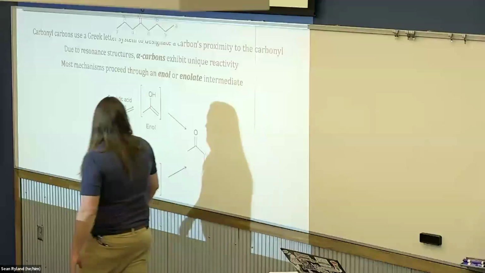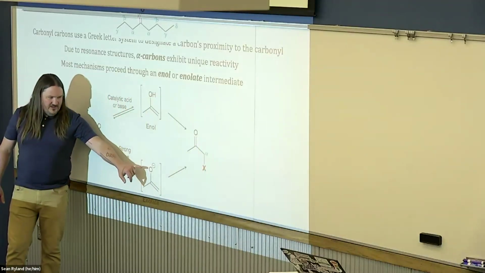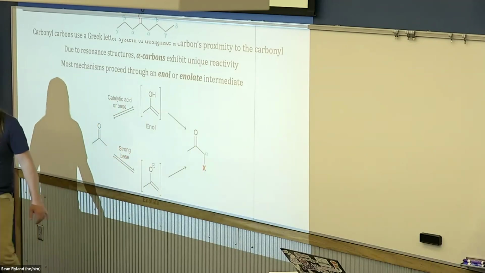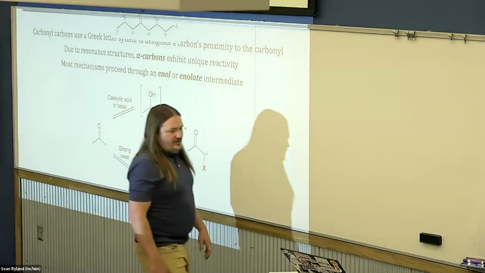And if you have a deprotonated enol with a negative charge, that's still relatively stable because we've got this resonance structure. And so those happen to be the two most common intermediates that we see here.